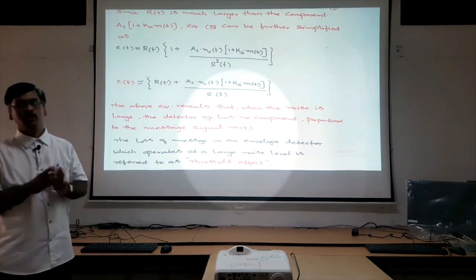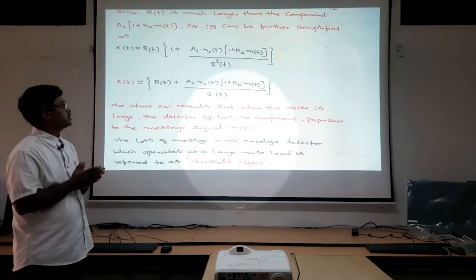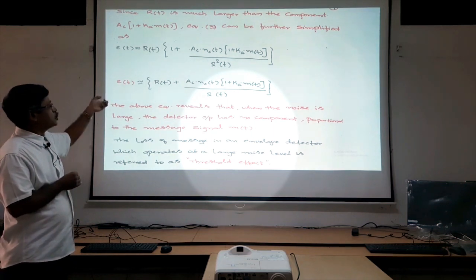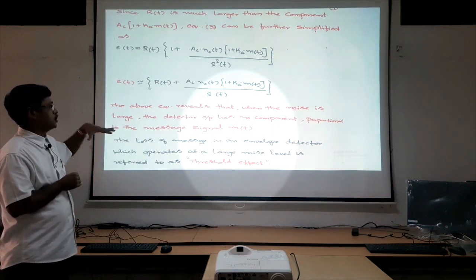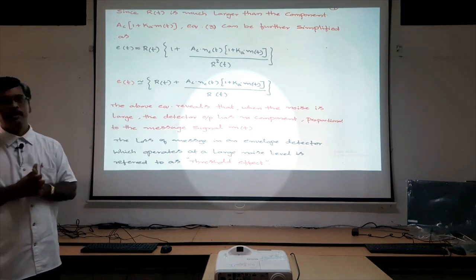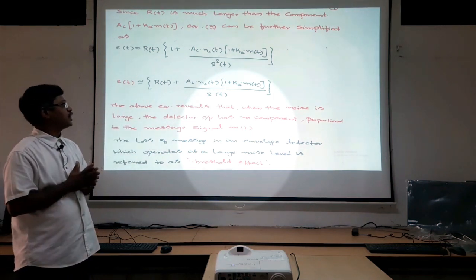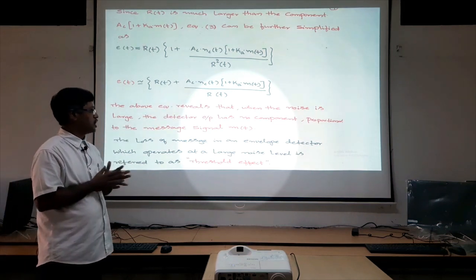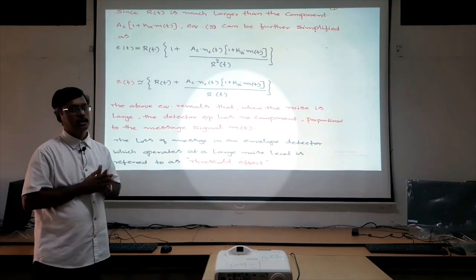That means we cannot separate the message signal and noise. So from the envelope, I could not recover the message signal alone, which I can call the threshold effect. That means under the large noise case, we cannot separate the noise and message because both are not additive in nature. So this effect is called the threshold effect.